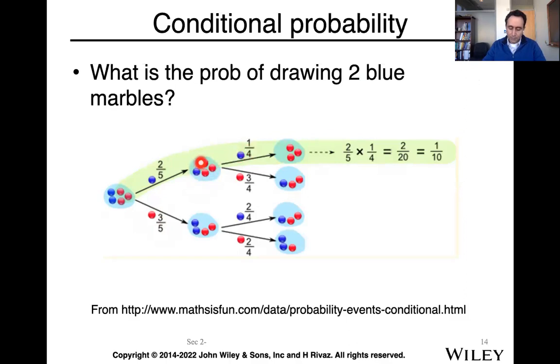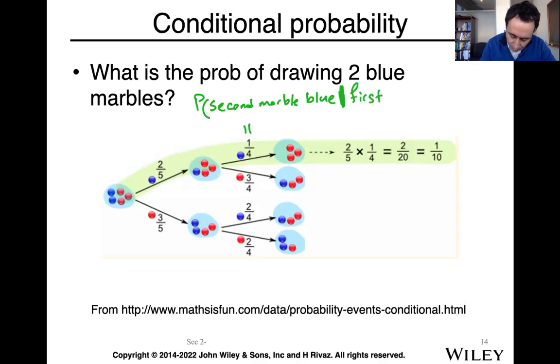So remember that this number is a conditional probability, right? This number is the probability of second marble blue, given that, so it's a conditional probability, first marble blue, right?